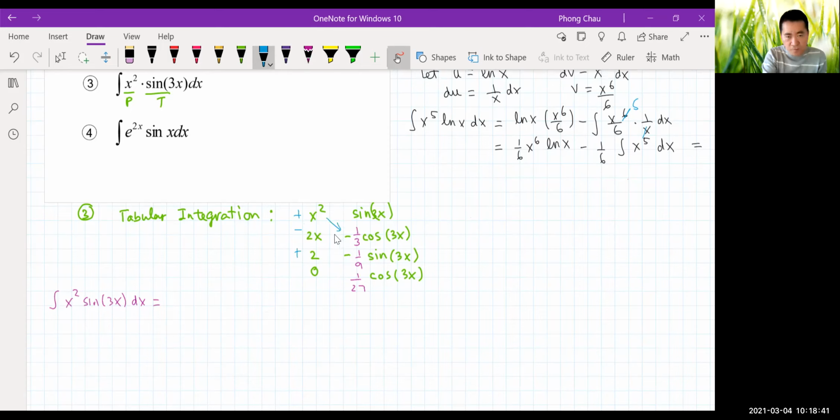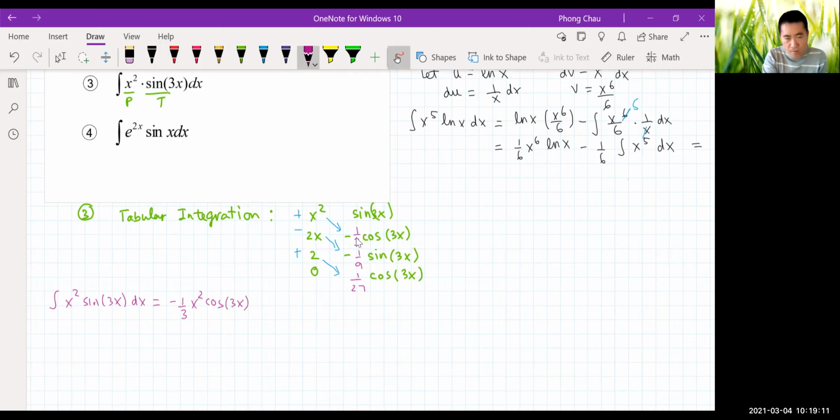You go this direction. So what's the answer? x squared times this would be negative 1/3 x squared cosine of 3x.